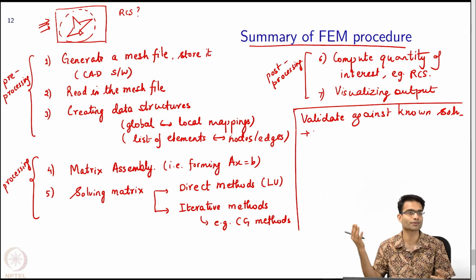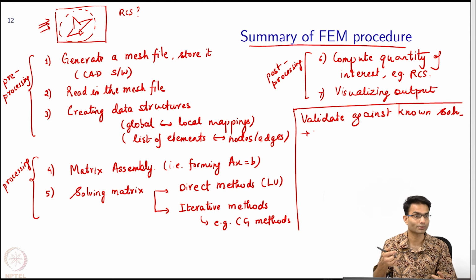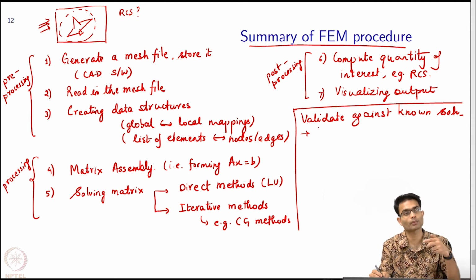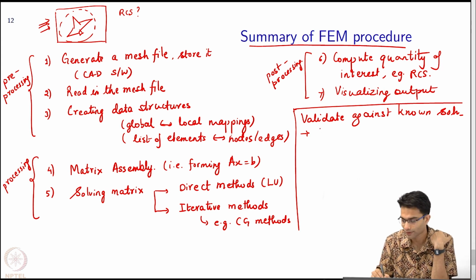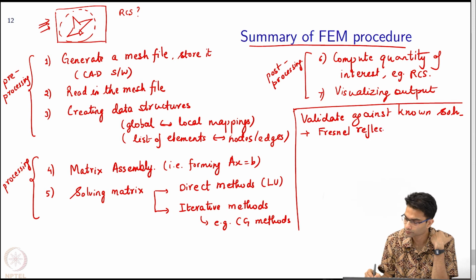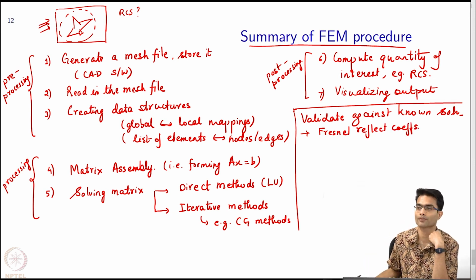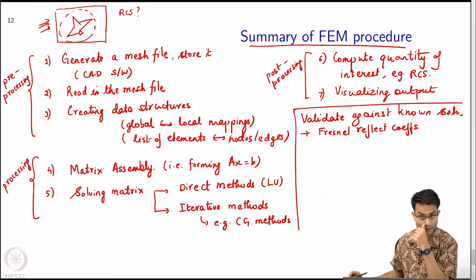You know, reflection coefficient is (n2 minus n1) by (n1 plus n2). I should get the same answer back, right? So, I can now make that 2D, right? Incident at non-normal, right? So, Fresnel reflection coefficients. This can be one way of testing whether your code is giving the correct answer.